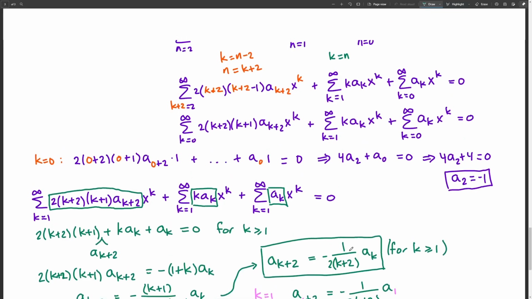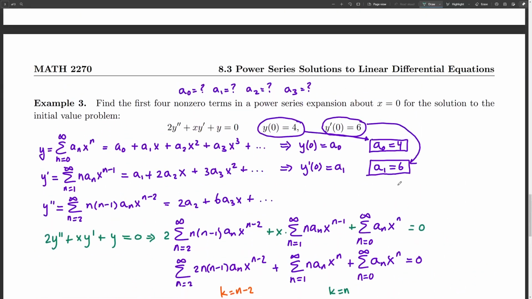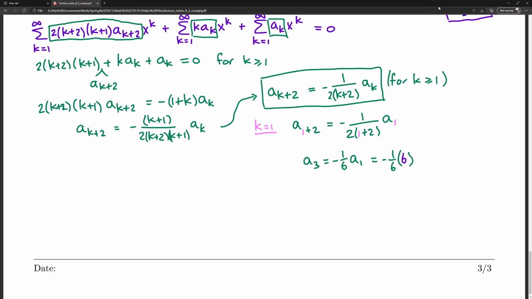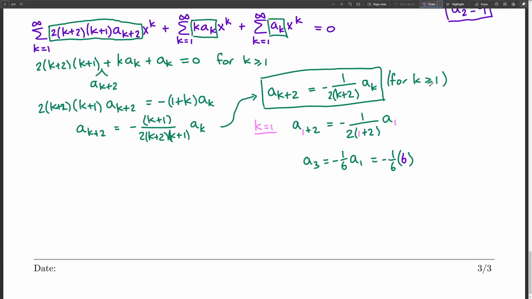So now we need to look up what we had for a1. a1 is equal to 6. So this is equal to negative 1/6 times 6. And so that equals negative 1.